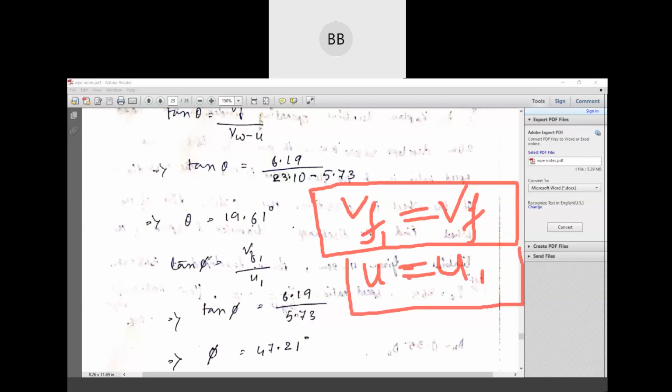For tan phi, you can use this equation. VF1 and U1, the upper triangle. This is your VF1 and this is your U1. This is your angle phi.